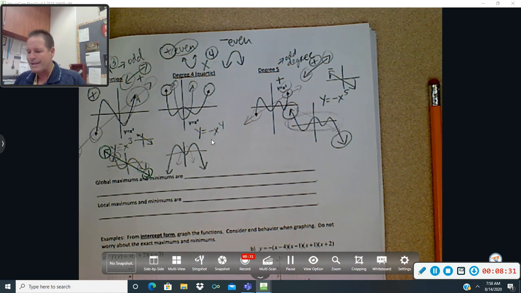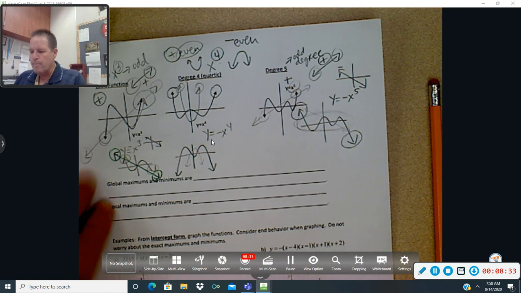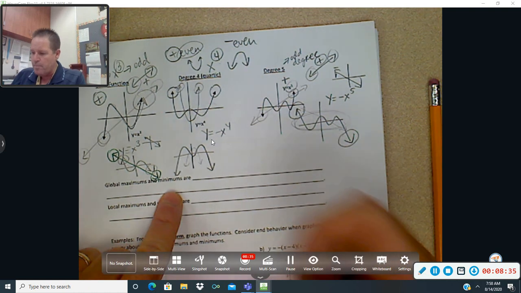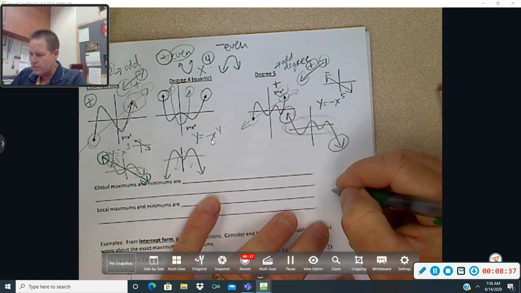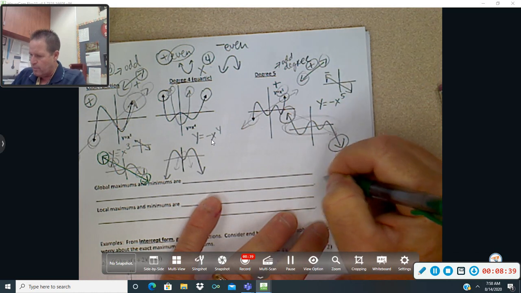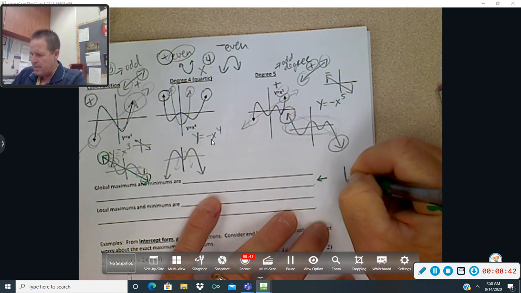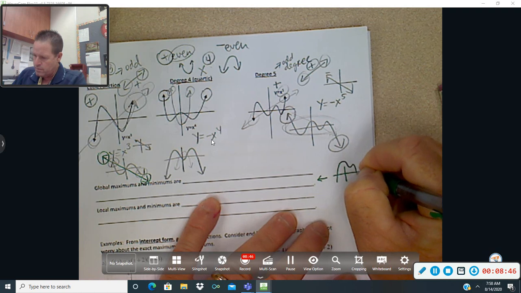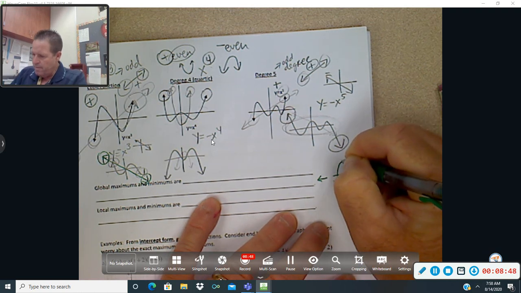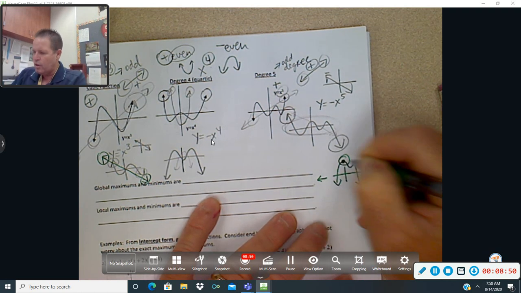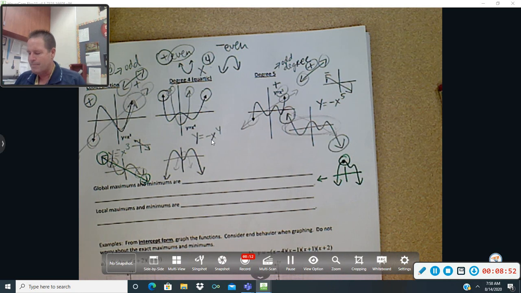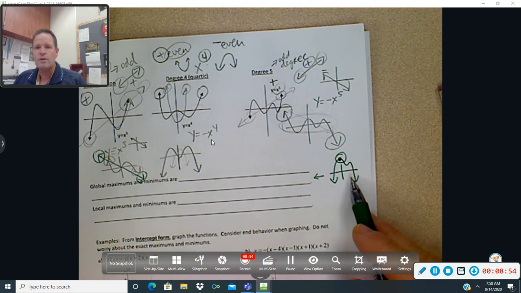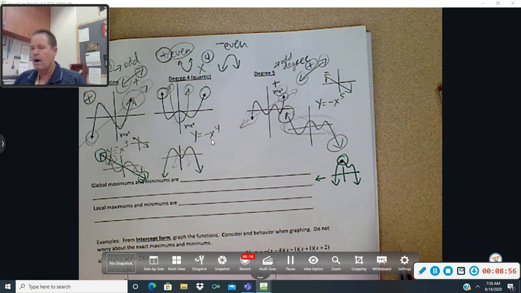Now, global maximums and minimums. Global maximums and minimums would be these types of points. So for global maximums and minimums, you'd have maybe this picture, let's say. It looks like this. This point here would be the global maximum because it's the absolute highest point on the entire graph.